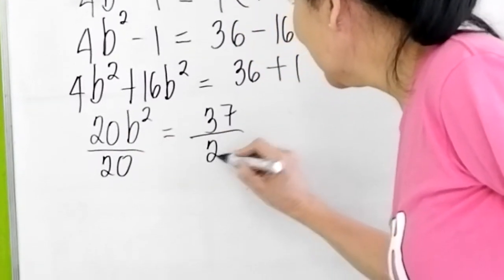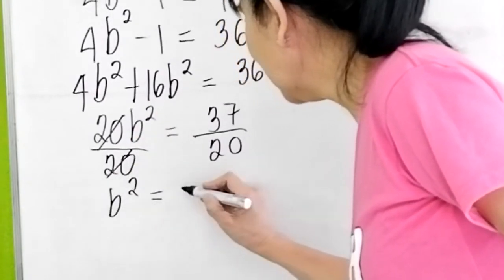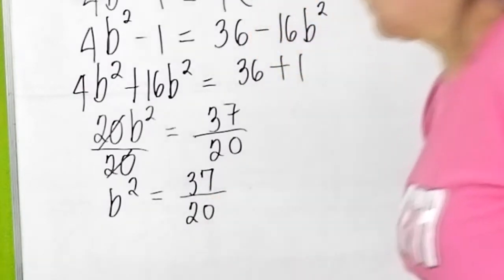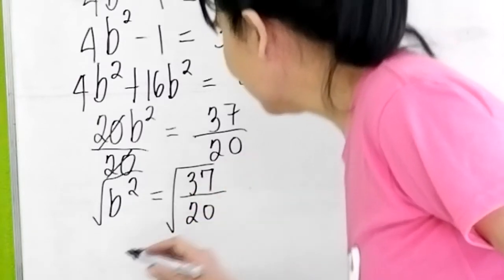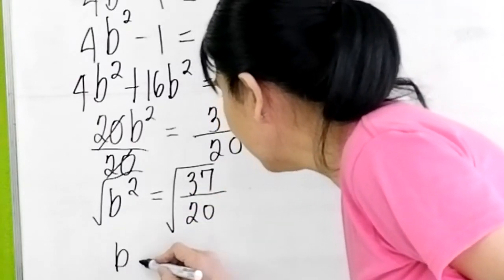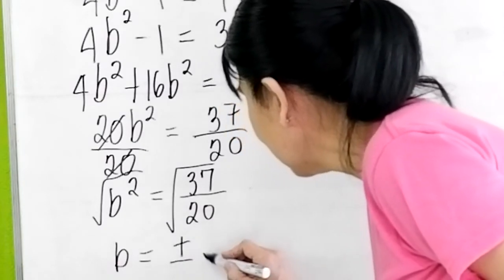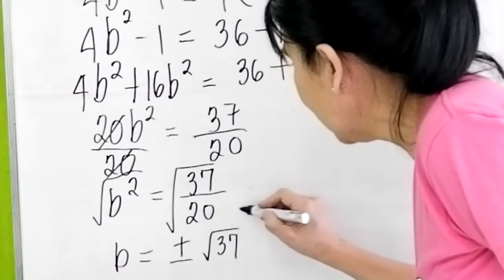There. So we are left with b squared equals 37 over 20. Then take the square root of both sides. We have here b is plus or minus the square root of 37 over the square root of 20.